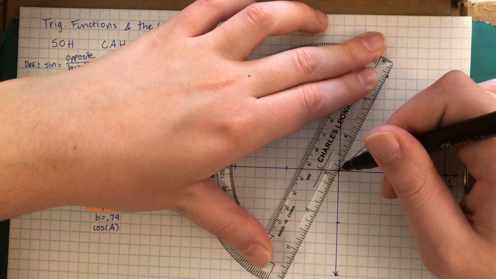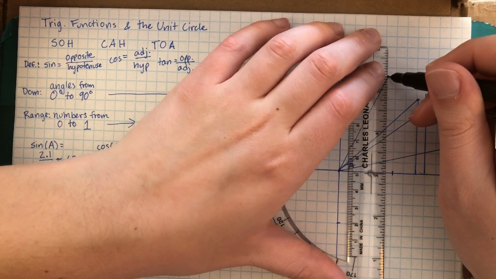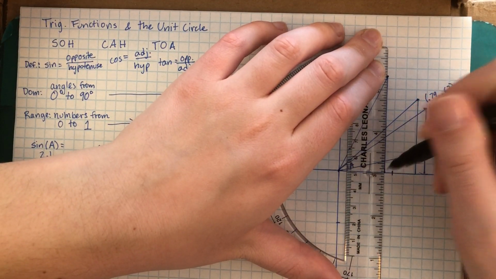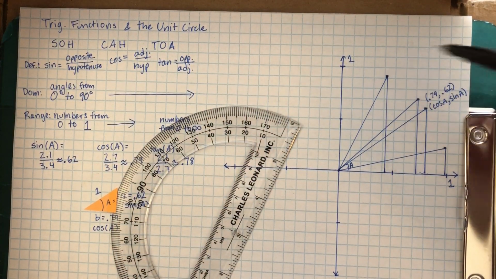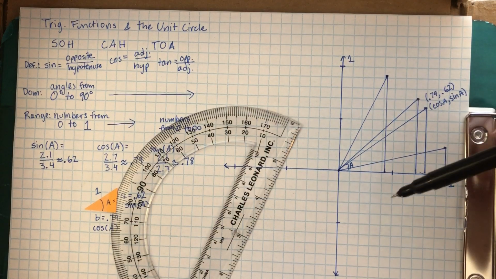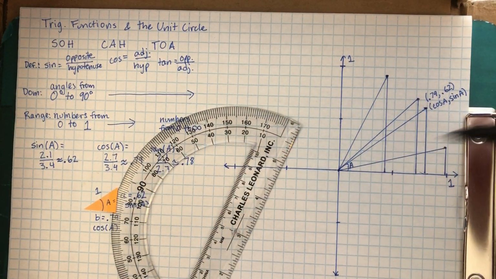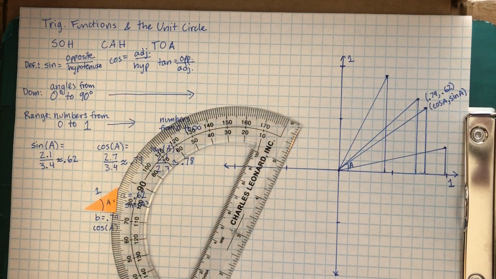So all of these triangles have a hypotenuse of 1 using the scale that we have on here. And their side lengths then are the sine and the cosine of that angle, their other side lengths.